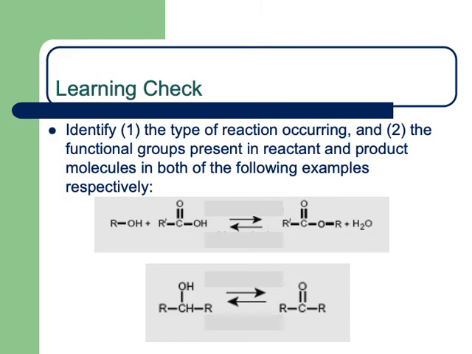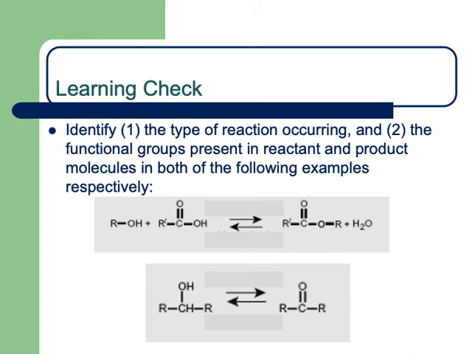So now a couple more questions for you to challenge your learning. This is a typical test question. Identify 1, the type of reaction occurring, and 2, the functional groups present in the reactant and product molecules in both of the following examples. So let's look at the first example, which is the top gray highlighted reaction.